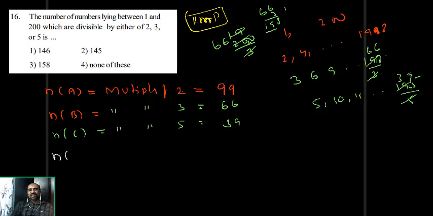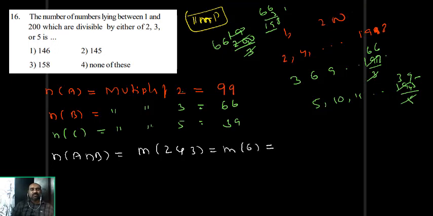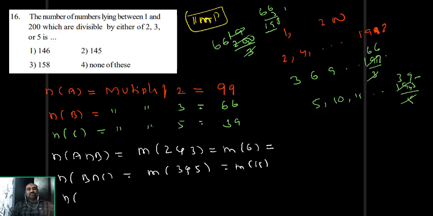So next, n(A intersection B): multiples of 2 and 3, I will write, meaning multiples of 6 indirectly. Next, B intersection C: multiples of 3 and 5, that is actually 15, multiples of 15. Next, A intersection C: multiples of 2 and 5, that is 10.